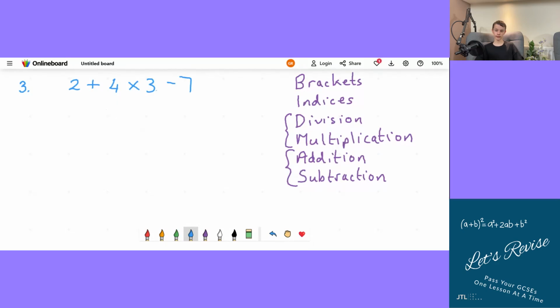Have a try at solving this one. First, you identify the thing that you have to do using BIDMAS. Remember that the sign is connected to the number that comes after it. Anyway, because it's a plus 4, it's 4 times 3, which is 12.